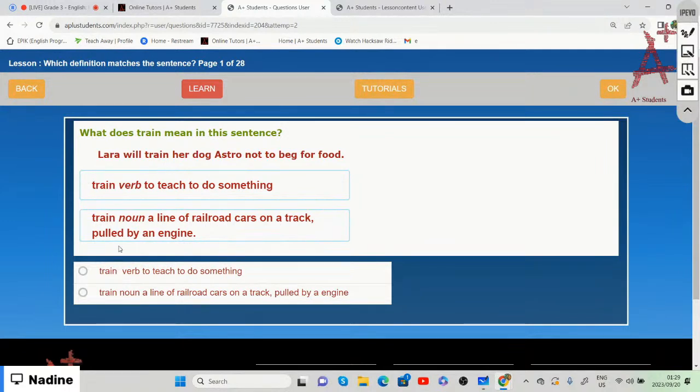So which train do you think it is? Is it a verb, to teach someone to do something? Or is it a noun, a line of railroad cars on a track pulled by an engine? Training her dog Astro.